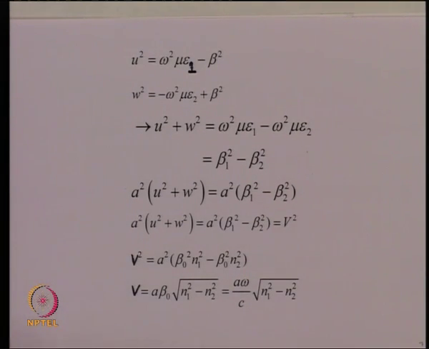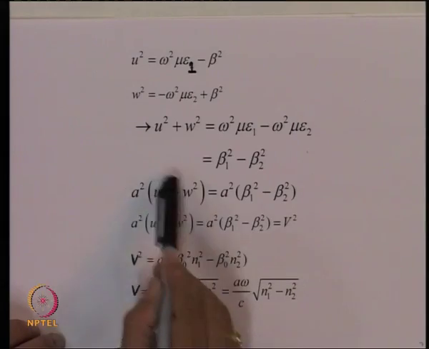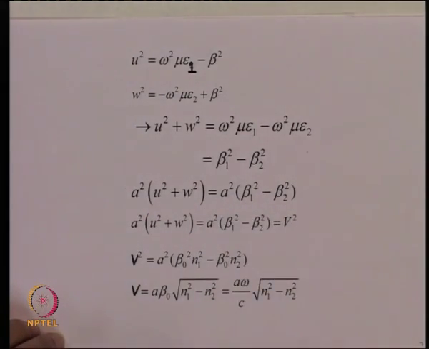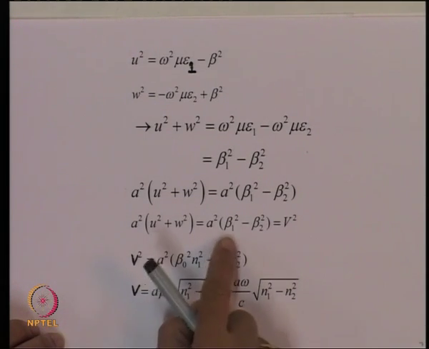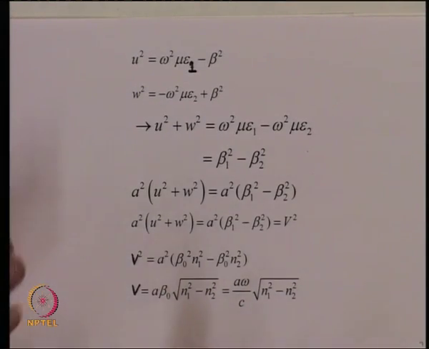So for a fiber of radius a, we can define a quantity which is a square multiplied by beta 1 square minus beta 2 square. If I write down explicitly beta 1 and beta 2 as beta 0 square into n1 square minus beta 0 square into n2 square, we get this parameter, which is a characteristic parameter for the optical fiber.